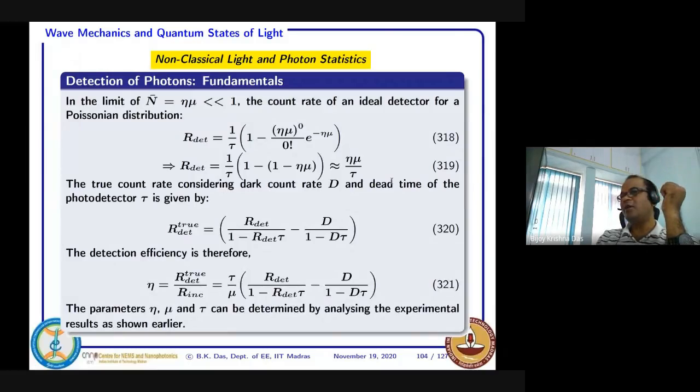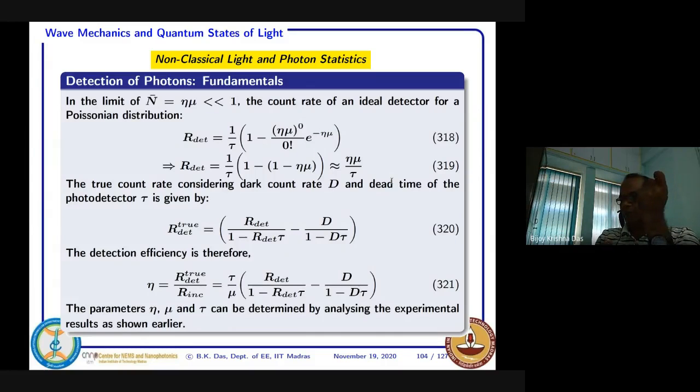The avalanche process will take place if somehow some electrons are there. For example, you have a photodetector and one photon comes, then you have electron-hole pair generation, and because of the avalanche process a large number of electrons will be generated, and that is your current.